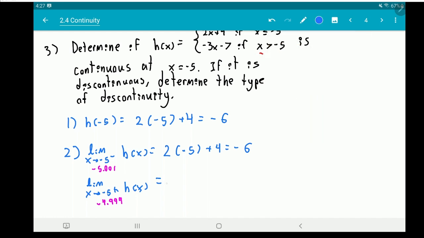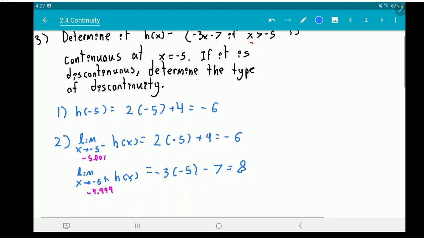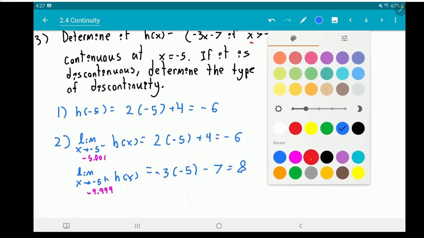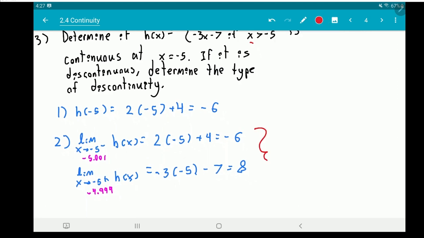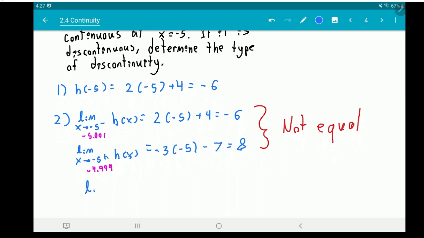So I plug into this, I get minus 3 times minus 5 minus 7. That's 15 minus 7, which is equal to 8. And now these two are not equal. And what that tells us is that the limit doesn't exist. The limit as x goes to minus 5 of h of x does not exist.